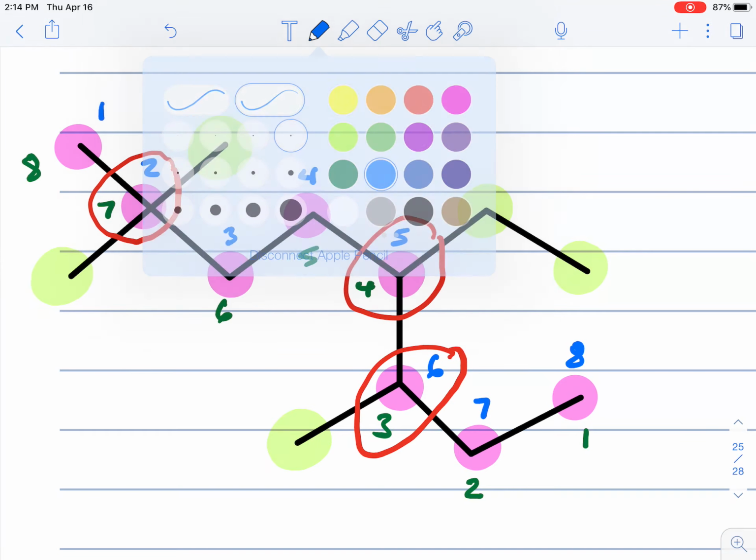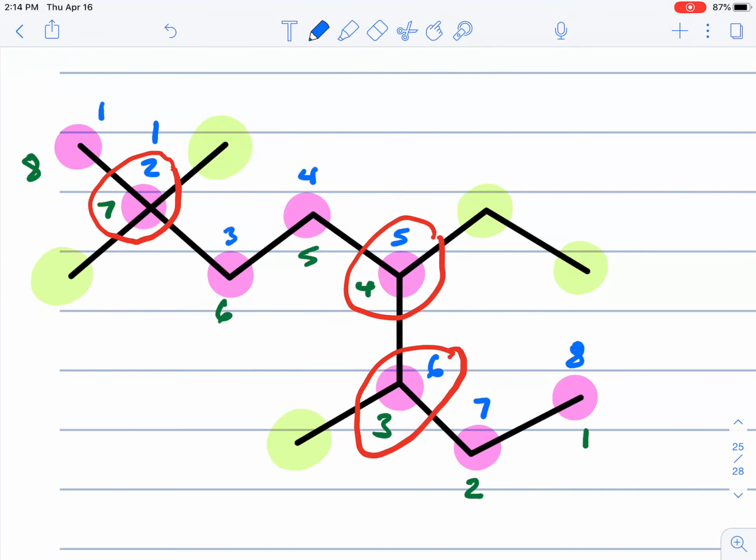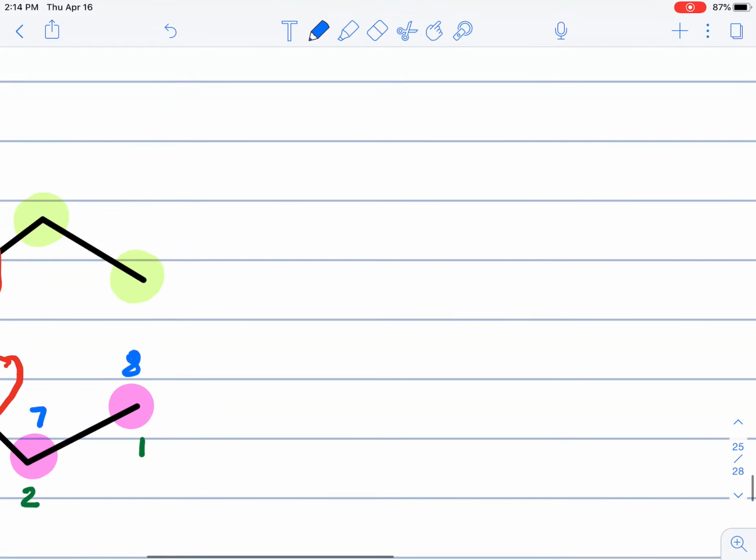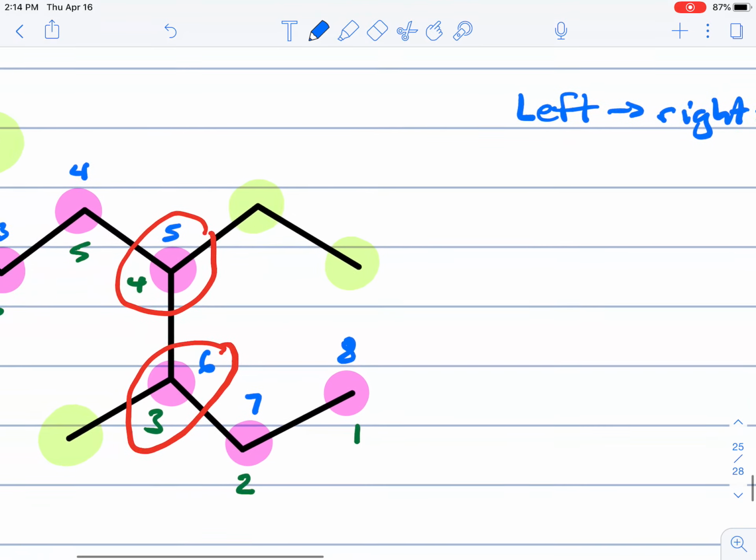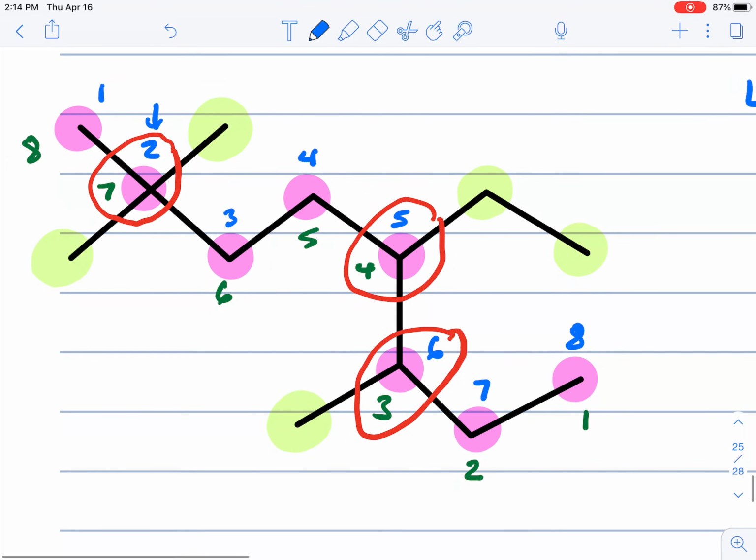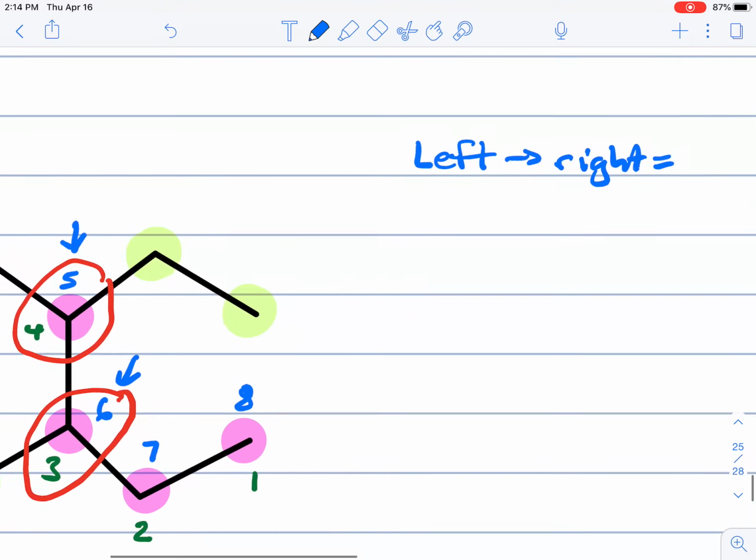For example, if I add up everything in blue, which represents going from left to right, I'm looking at the blue numbers. I have a value at 2, 5, and 6.